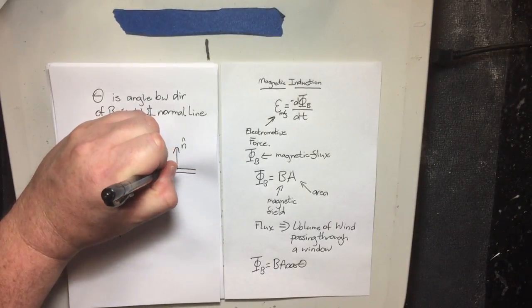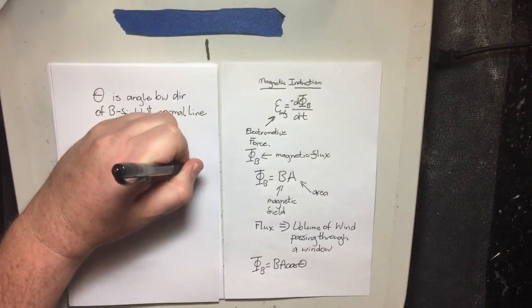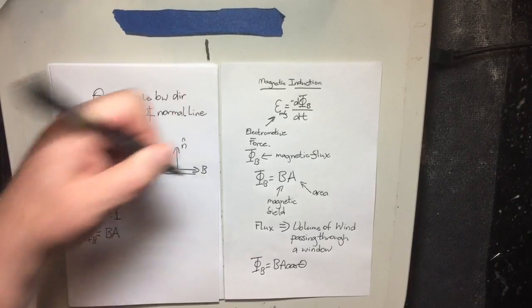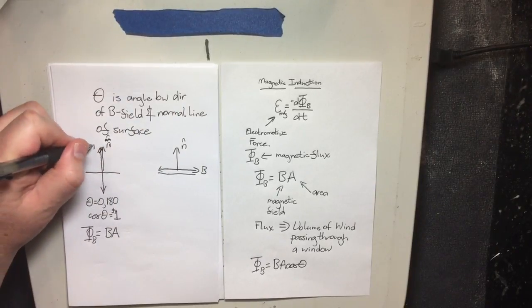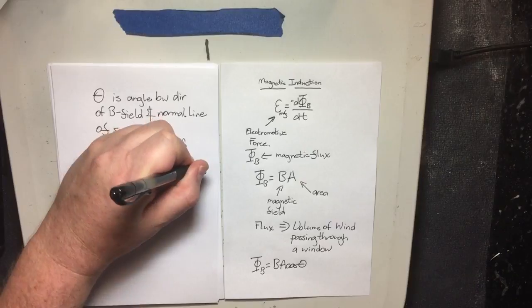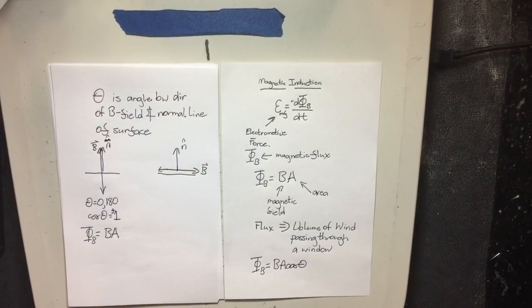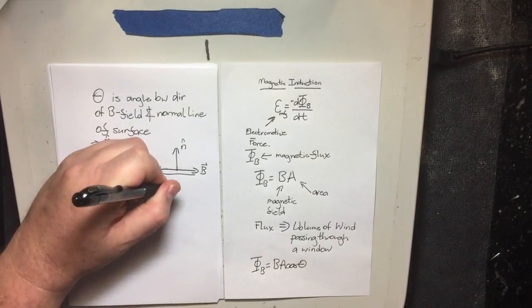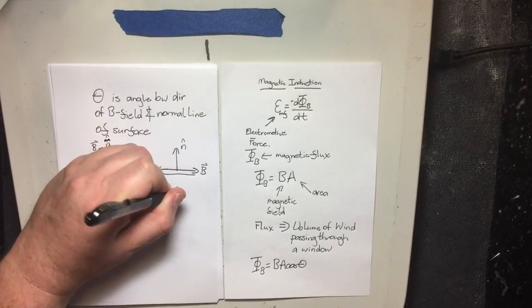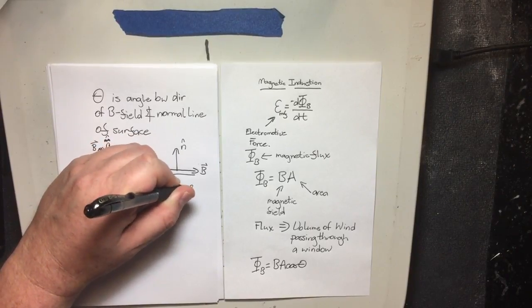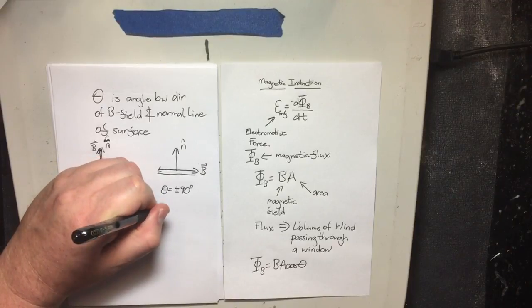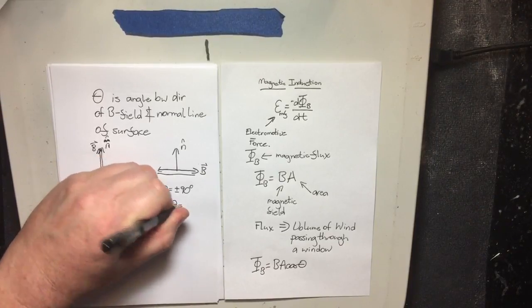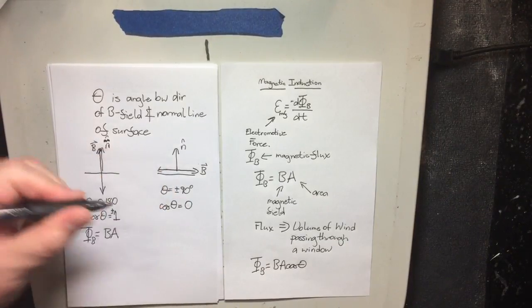In this case, if the magnetic field is going parallel to the surface of the window, or perpendicular to the normal, the theta is plus or minus 90 degrees, and the cosine of 90 is 0.